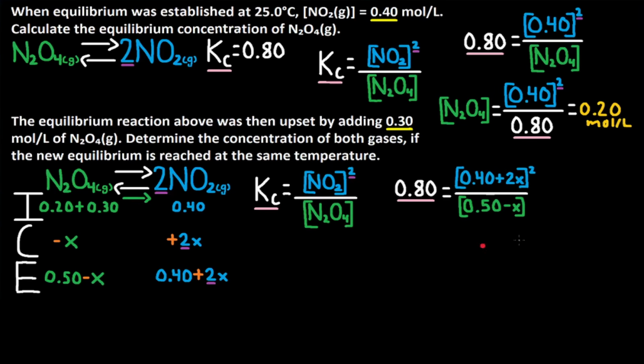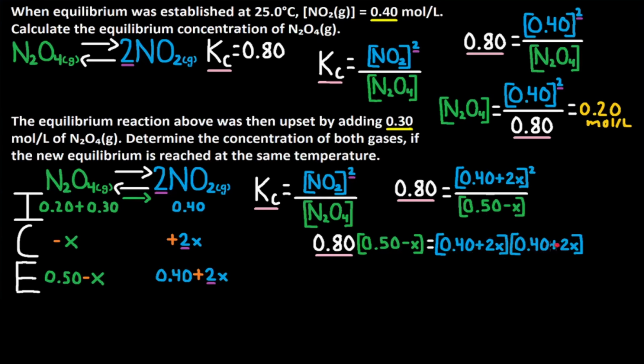And to isolate x, we need to move 0.50 minus x diagonally up. And what that will do is we get 0.80 multiplied by 0.50 minus x. And on the other side, we have 0.40 plus 2x multiplied by 0.40 plus 2x. This is the same way as writing 0.40 plus 2x squared. And what you should see is that we can FOIL both sides.